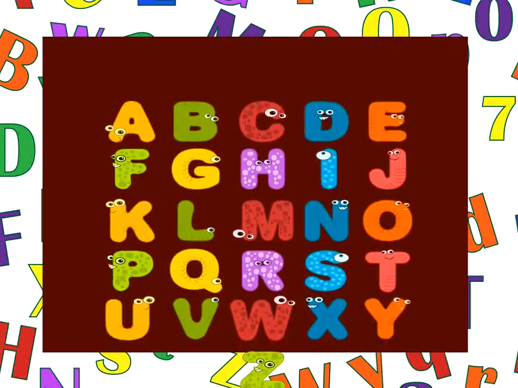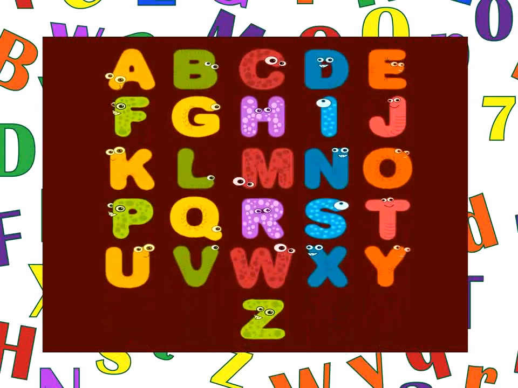You know from your English class that there are 5 vowels and 21 consonants, which make up the 26 letters of the English alphabet. You can see here the letters of the alphabet are smiling. They are your friends who help you to read and write.